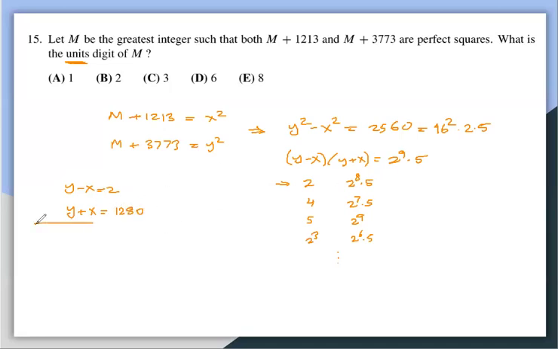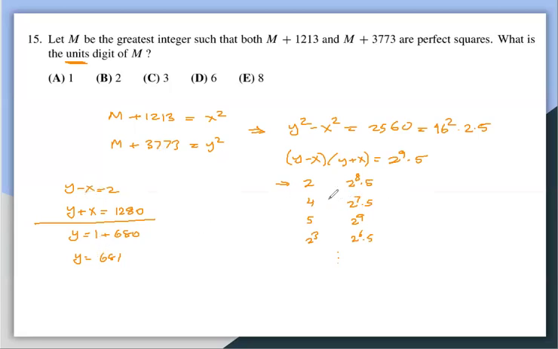When you add these, you cancel the x's and you get 2y, so I can get y by dividing that sum by 2. That should be 1 plus 680, which is 681. So we got 681 for y, but this is one of the possible y values.